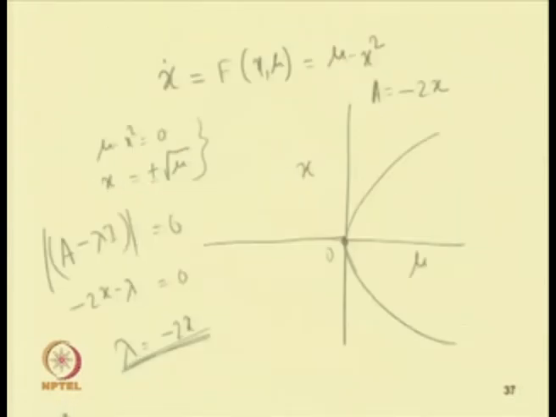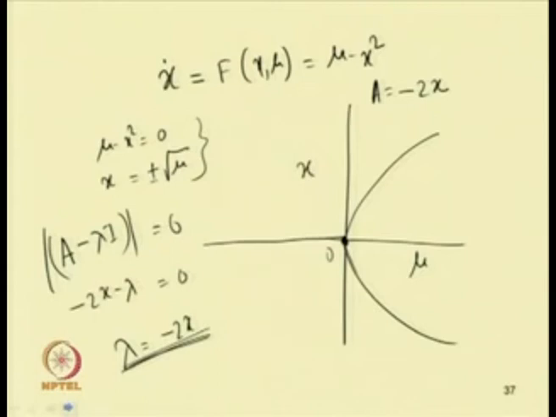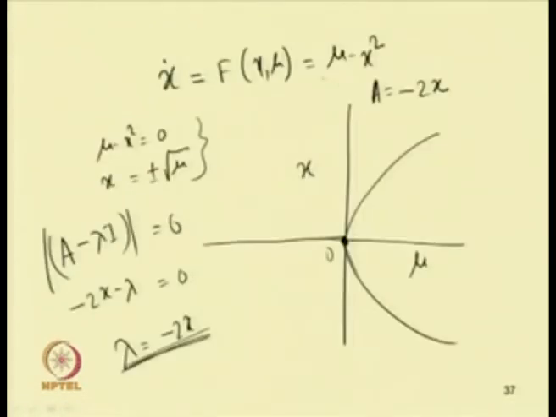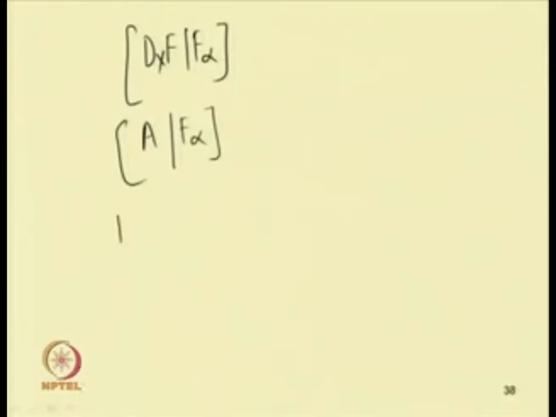Now let us construct the matrix dxf and f alpha. dxf is nothing but our A. Here f equal to mu minus x square, and alpha is nothing but mu.